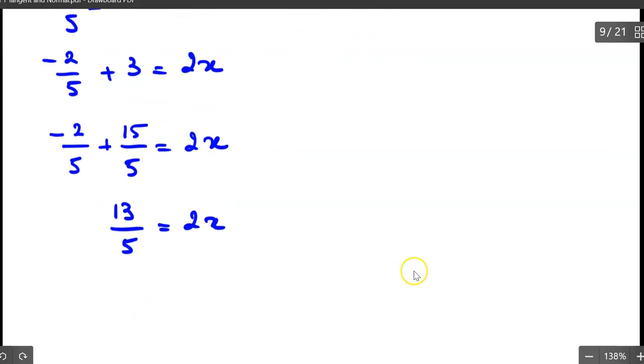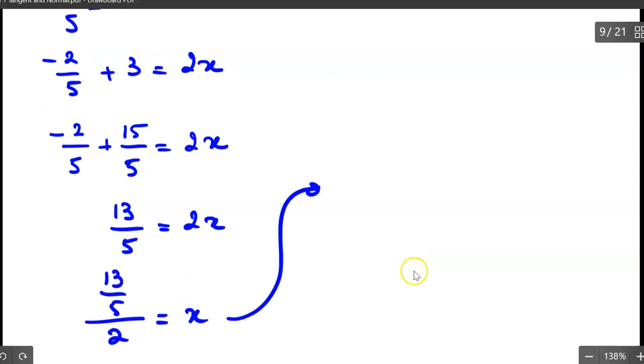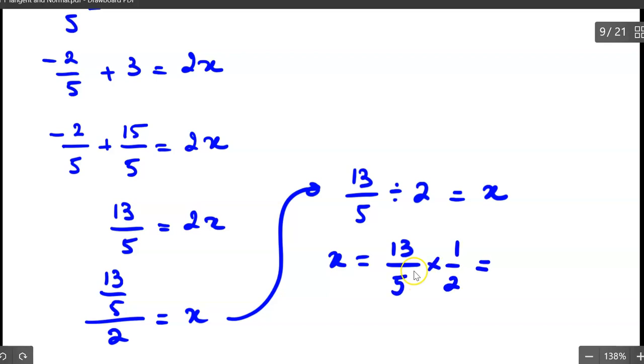So then I should have 13 over 5 divided by 2 equal to x. So x equal to 13 over 5 times 1 over 2. So x is equal to 13 over 10.